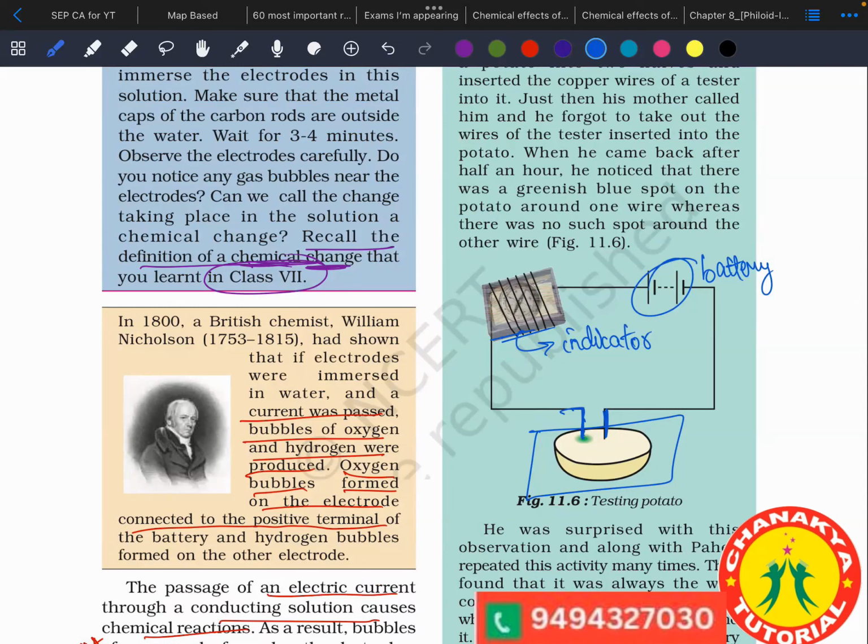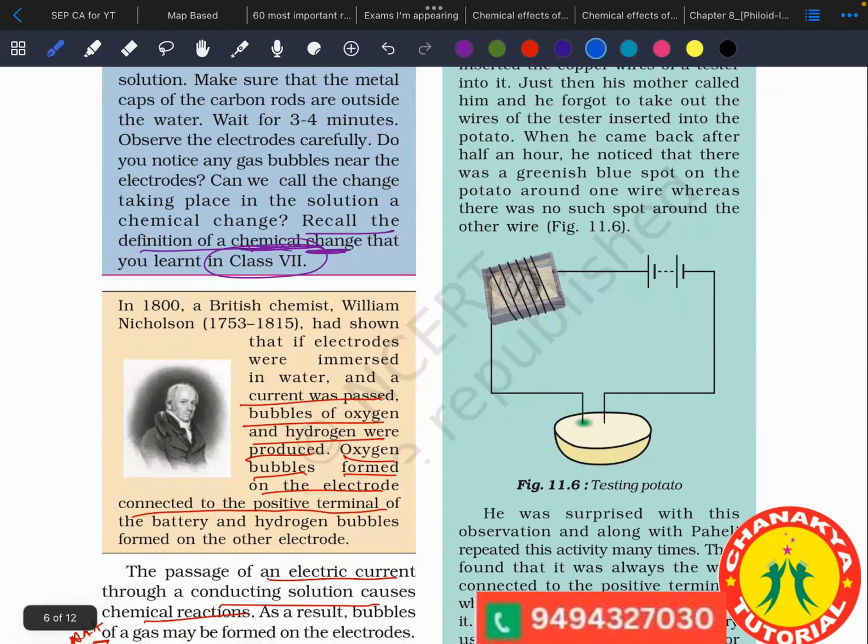So we then inserted one terminal of this tester here and the other terminal here. Can you tell me why we are using a magnet and not an LED or another bulb? With a small current also it gets deflected. Very good. That is the reason we are using a magnetic needle here.